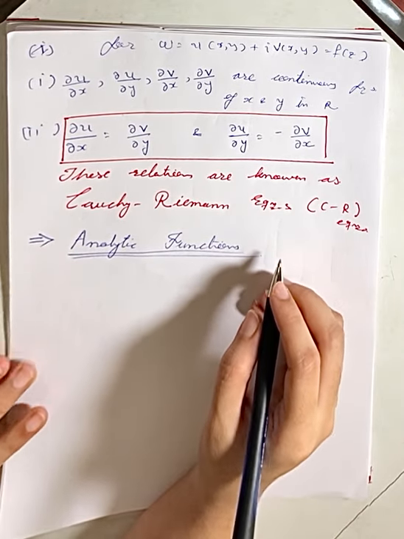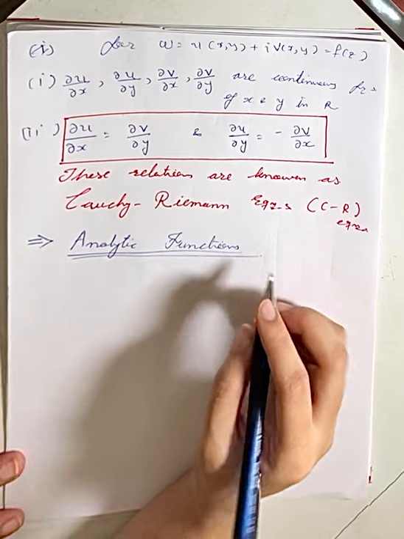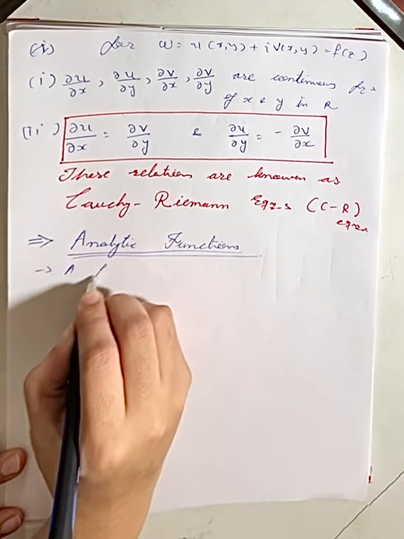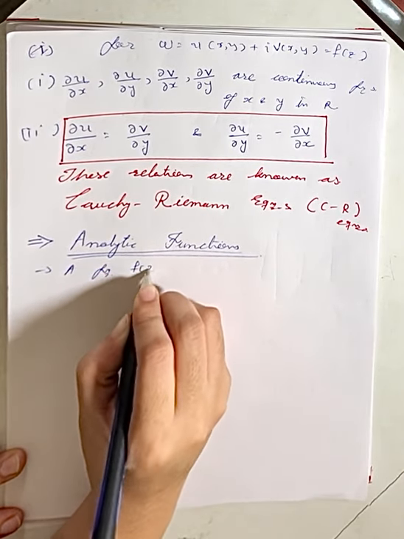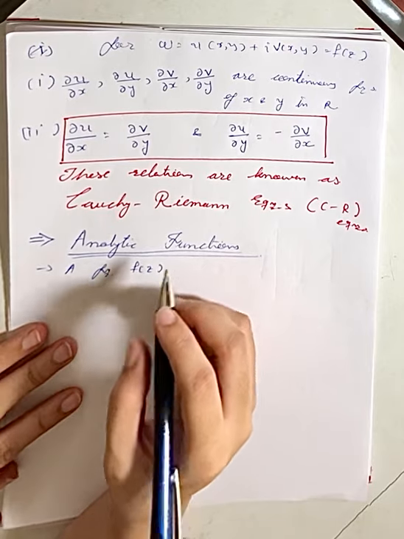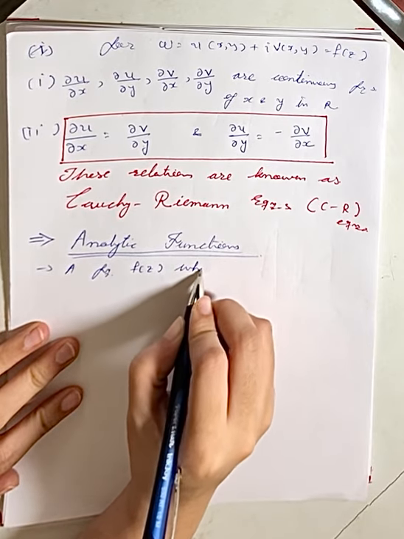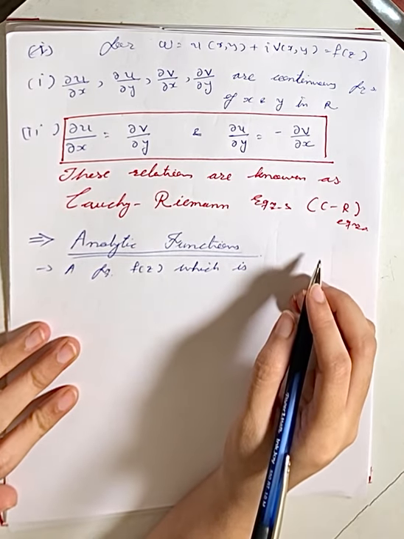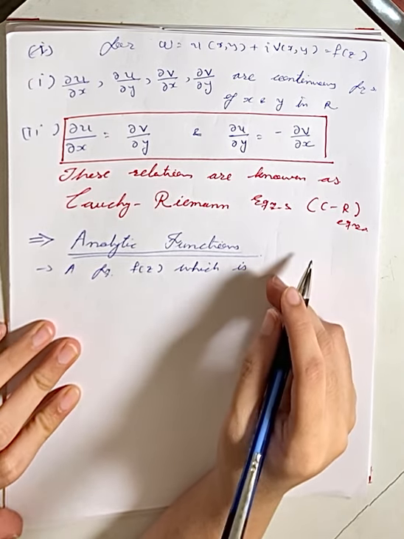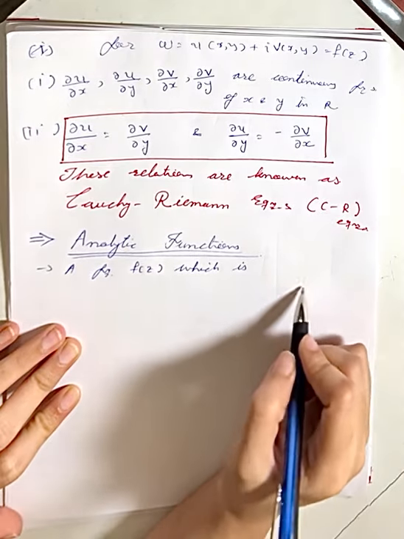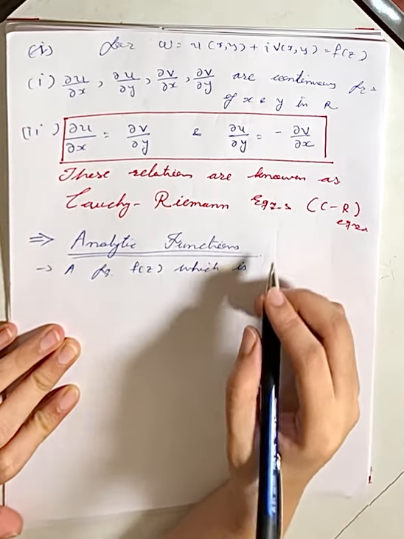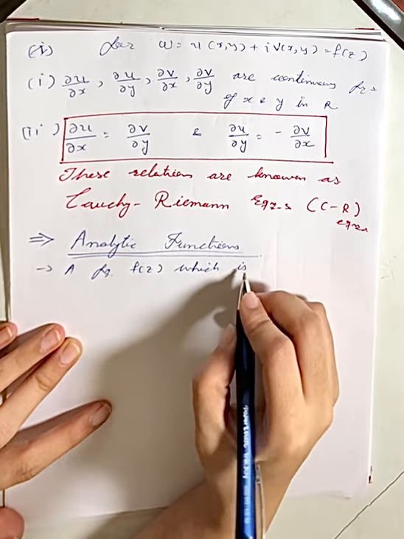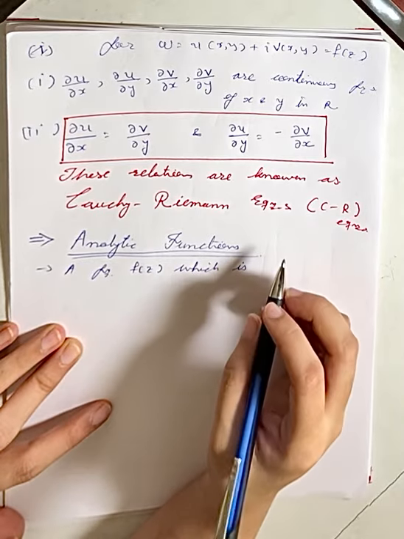A function f of z which is single valued. I hope now you remember what single valued is. It has the same value following any random path, so it is path independent basically.